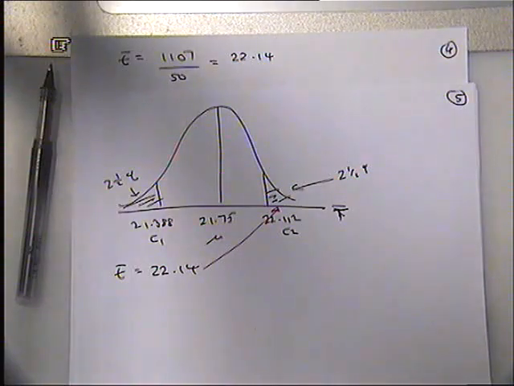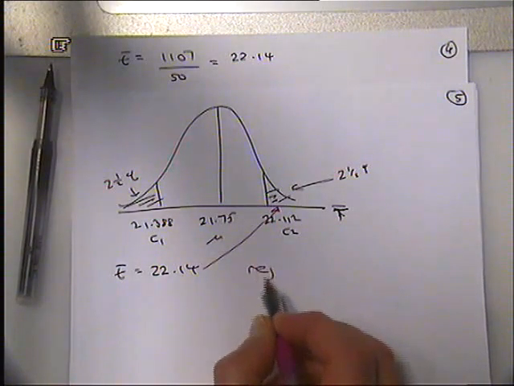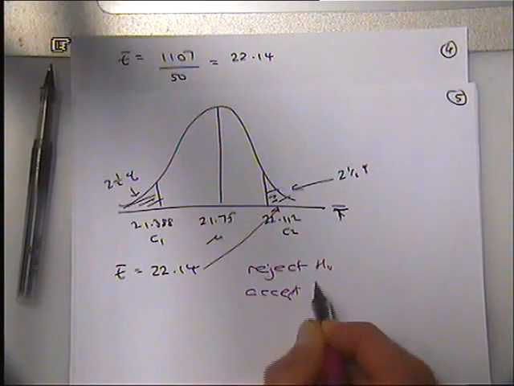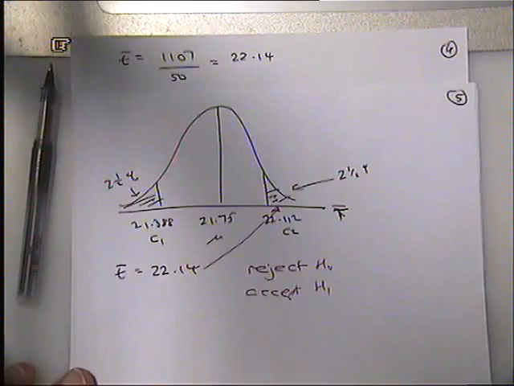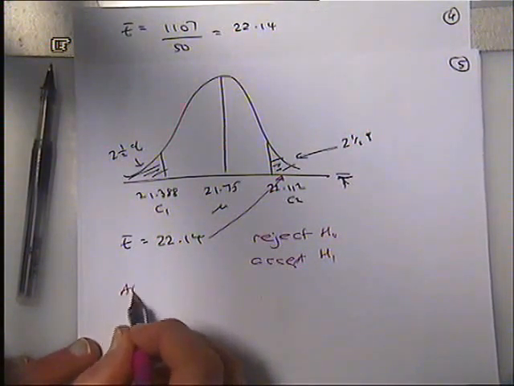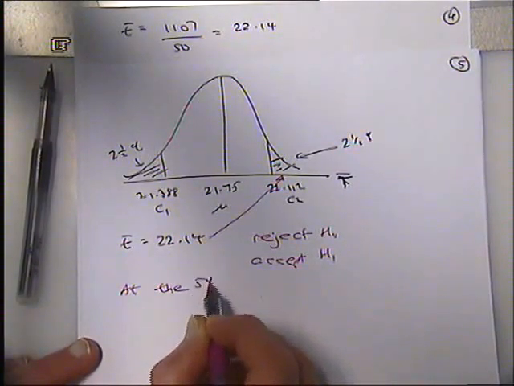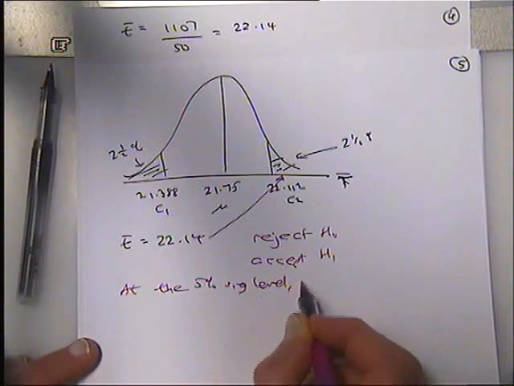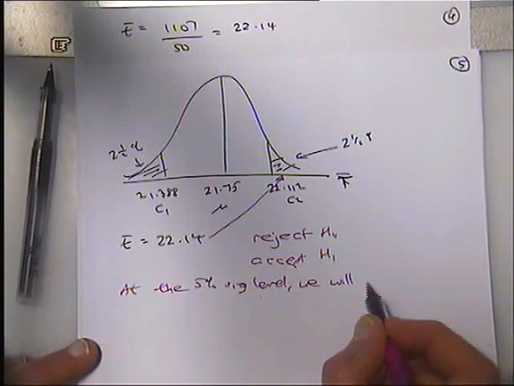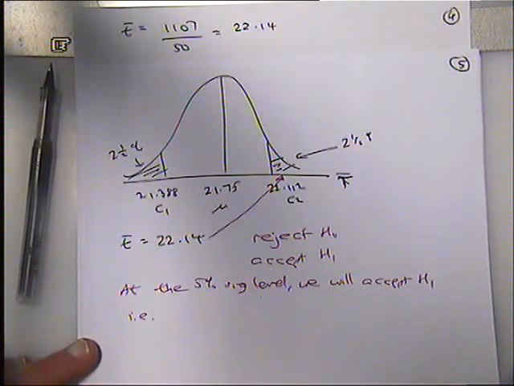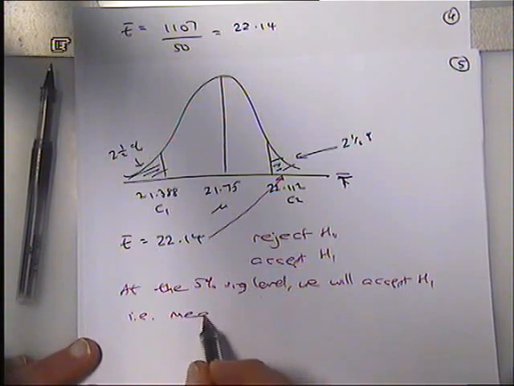So it's in the tail. So if it's in the tail, we will reject H0, which means we have no option but to accept H1, and then write a wordy conclusion. So we would say at the 5% significance level, we will accept H1, i.e. if we go back to what we said H1 was, that the mean has changed.